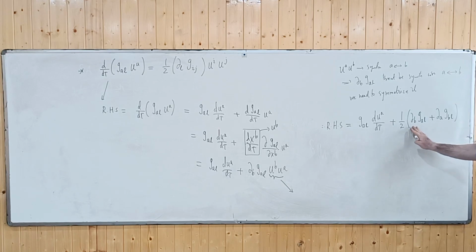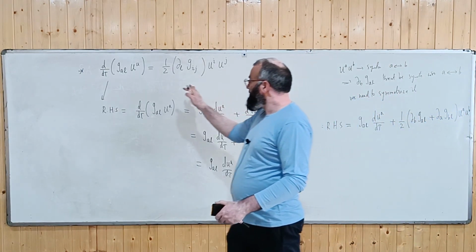So this is the symmetrization, BA plus AB. You keep this as u^A u^B. Clear? Okay, so now let's use it here.